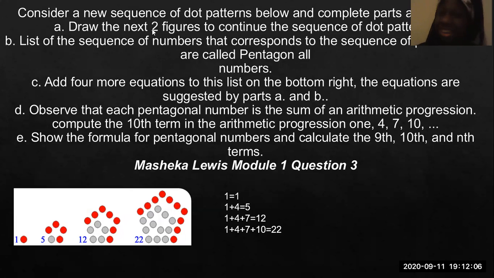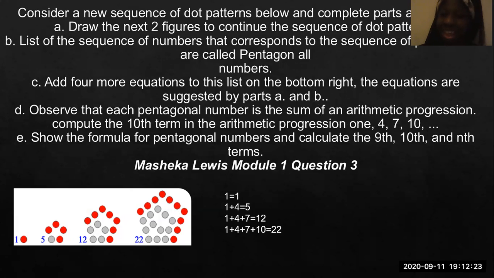I always get tongue tied over it. I know what I'm supposed to say, but it just won't come out. Arithmetic progression 1, 4, 7, 10. E, show the formula for a pentagonal number and calculate the 9th, 10th, and the nth term.